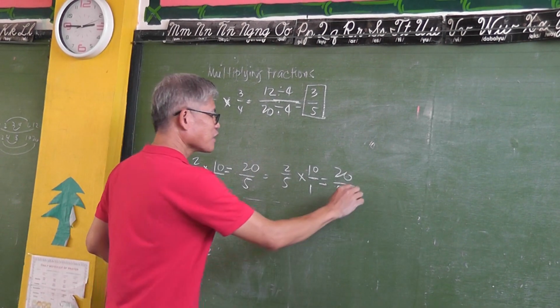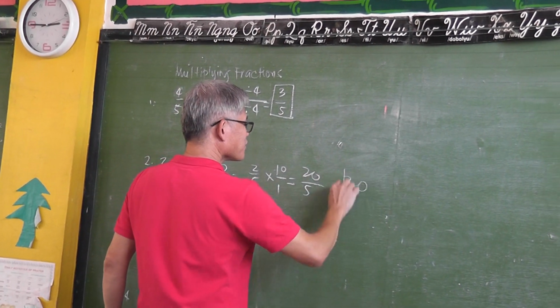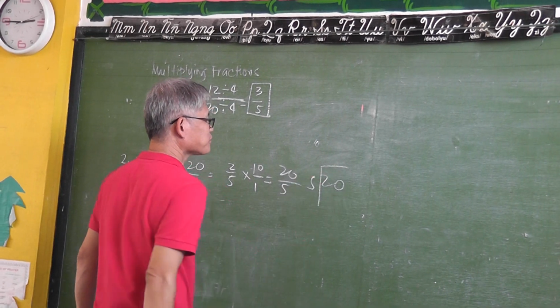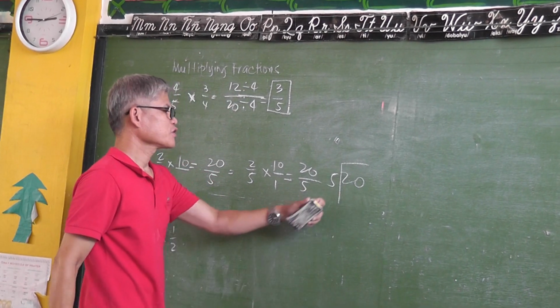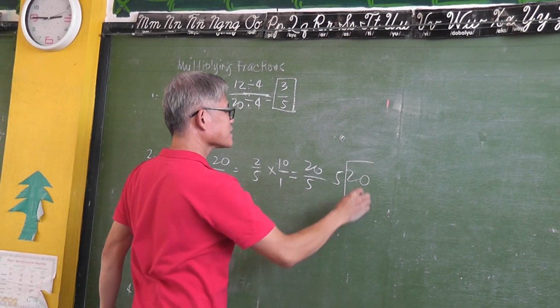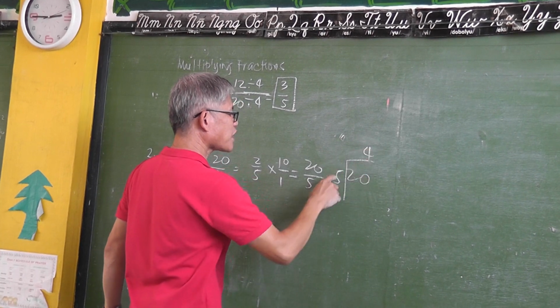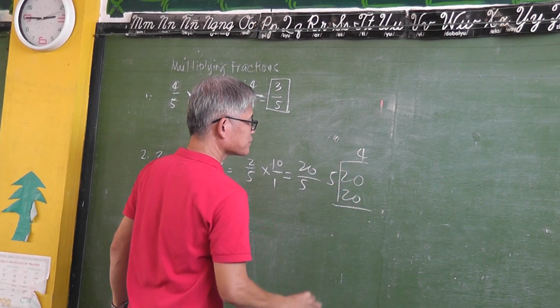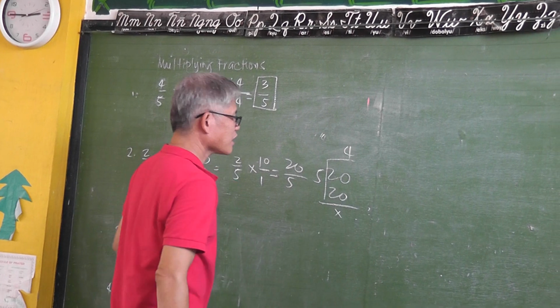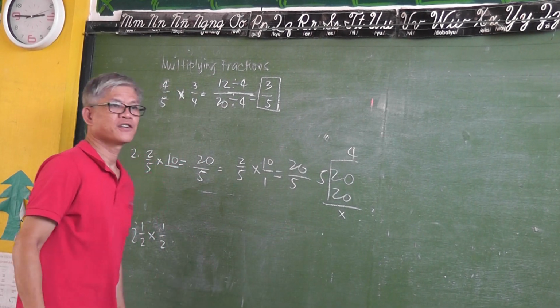We'll try this. 20 divided by 5. 20 divided by 5 is 4. 4 times 5 equals 20. We have no remainder.